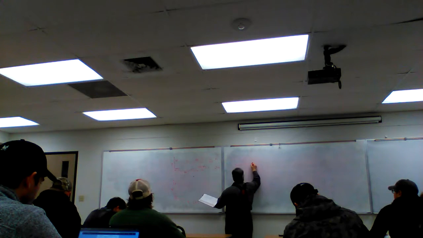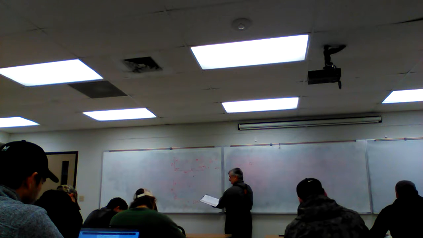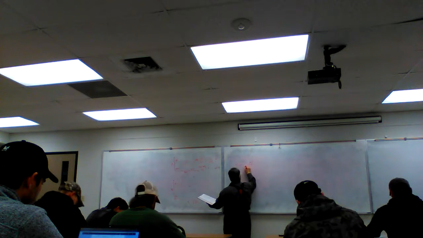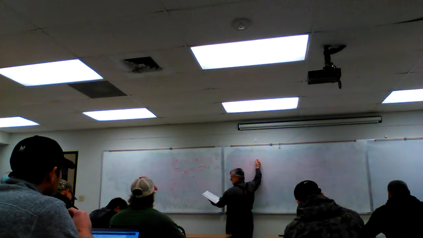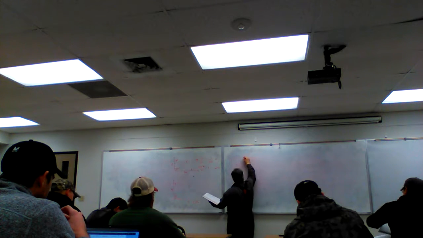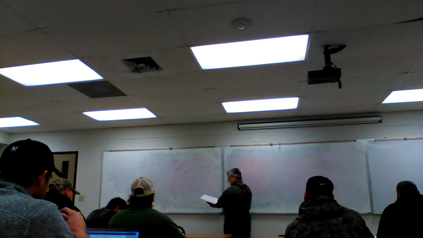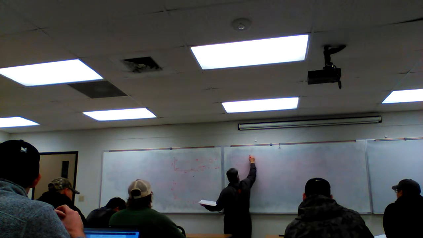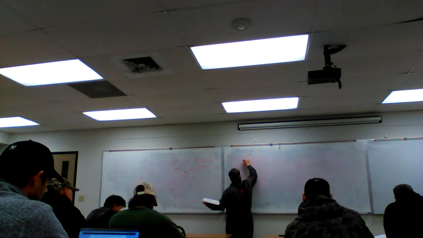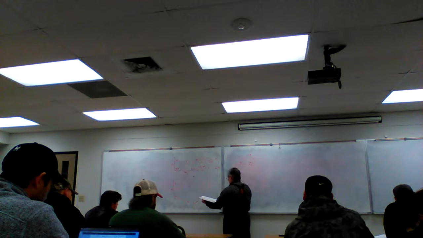All right, we've got 90 degrees, side A, side B, and side C is the hypotenuse. And then the angles are uppercase A and uppercase B.